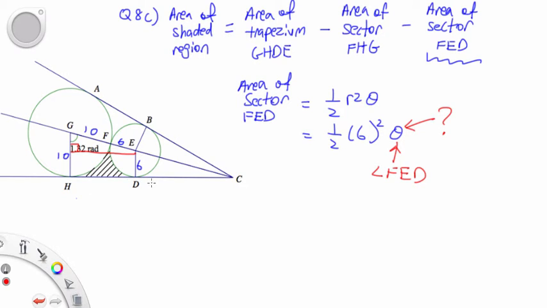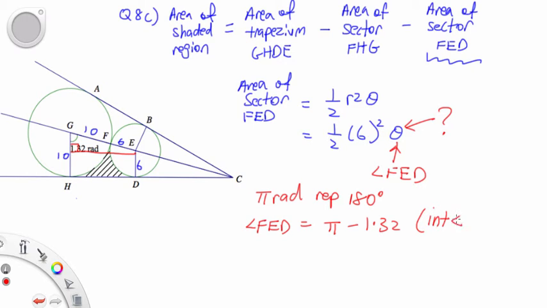Now, pi radian represents 180 degrees. So to find angle FED, use pi minus away 1.32. Now what is the reason? There is actually an interior angle, and it is an interior angle because GH is parallel to ED.